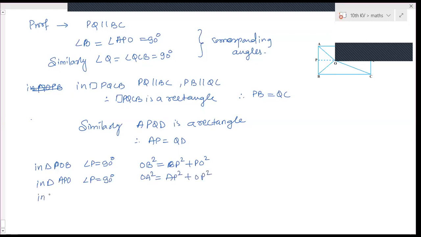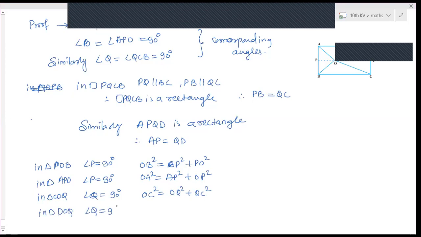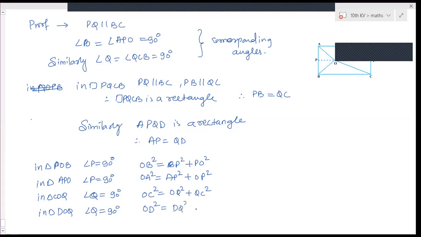Then the other side triangle, COQ. Angle Q is equal to 90 degrees. So therefore, OC square is equal to OQ square plus QC square. And the left out triangle DOQ, angle Q is 90, therefore OD square is equal to DQ square plus OQ square.